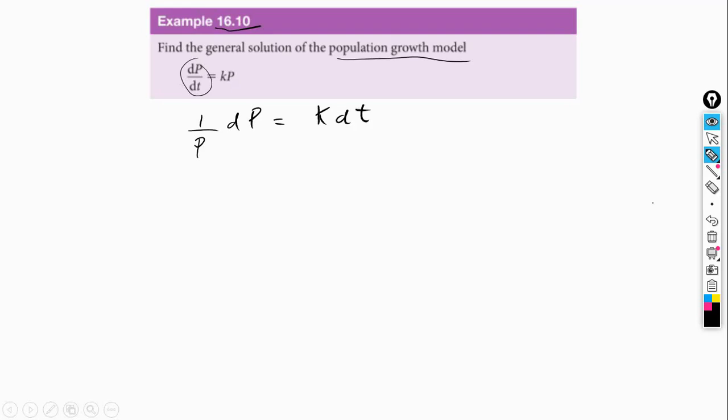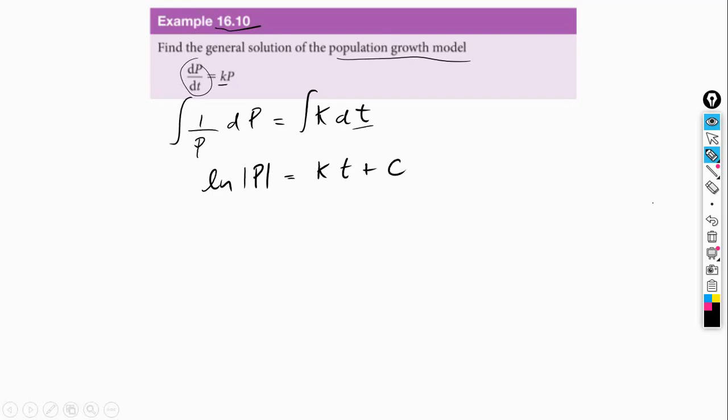And then we integrate both sides, 1 over p with respect to population. Notice that k is just a constant multiplying p. It's a constant rate of change of the population. So we're going to get on the left the natural logarithm of the absolute value of p is equal to kt, because we are doing the integration with respect to time here, plus c.